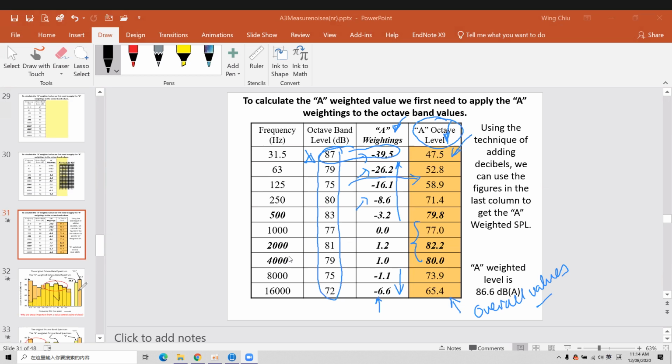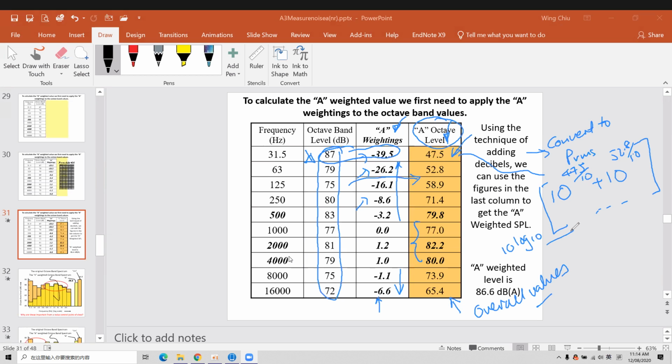And we went through this last week, where we said that all these pressure values have to be converted into the P RMS, which is essentially 10 to the power of, for example, for the first value, 47.5 on 10, plus 10 to the power of 52.8 on 10, and so on and so forth, and then 10 log 10 of this.